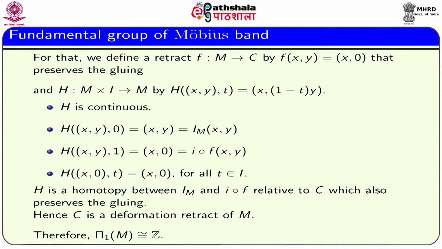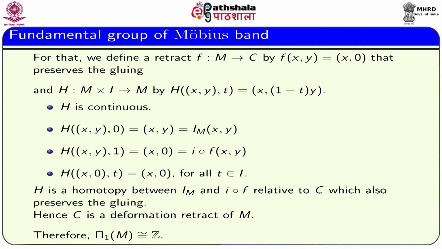H of x, 0, t is x, 0 for all t belonging to capital I. Therefore, H becomes a homotopy between the identity map I_M and the function i composed f relative to C, which also preserves the gluing.